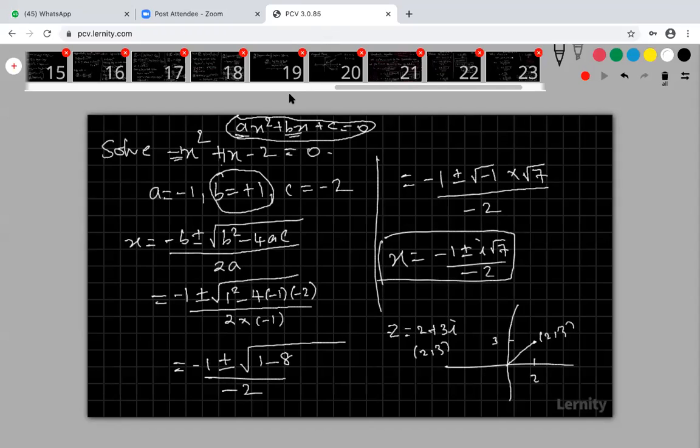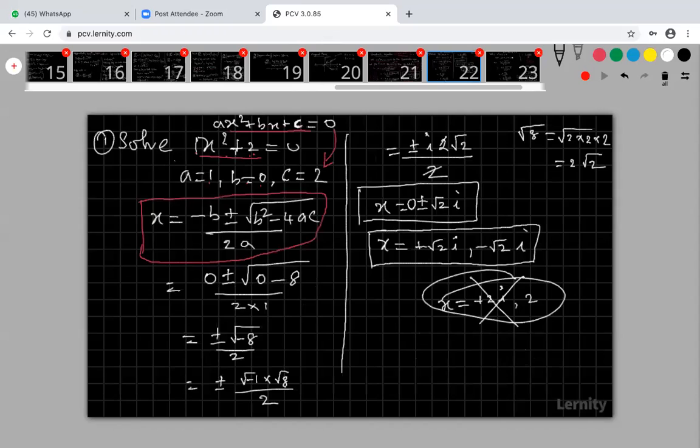Yeah, what doubt, Akif Hussain? What is your doubt? Please tell me. 20-second slide. Yeah, what is your doubt? This one or the next one?